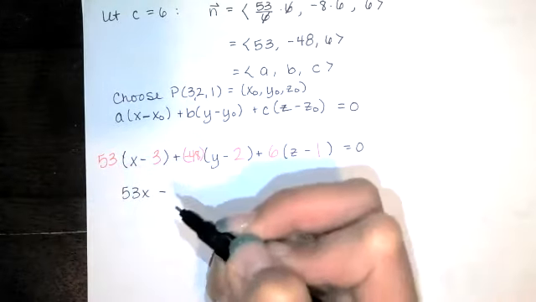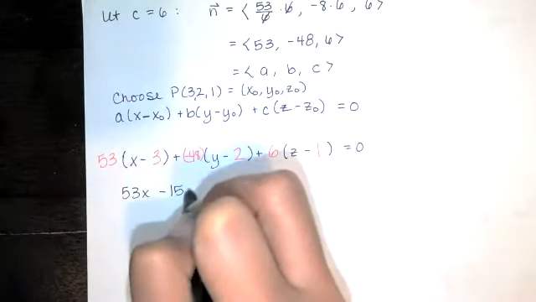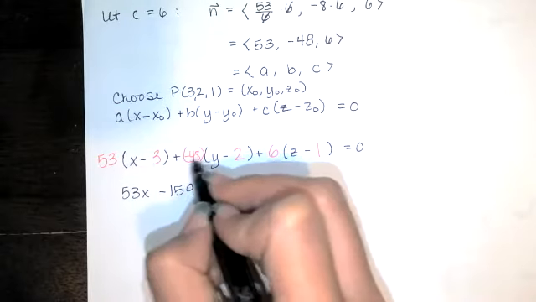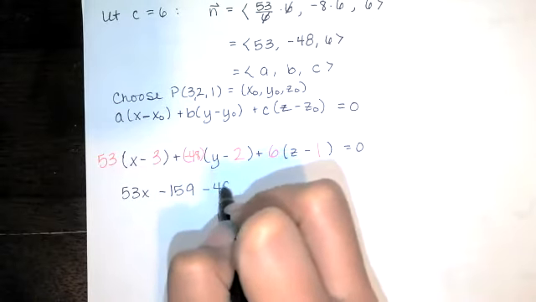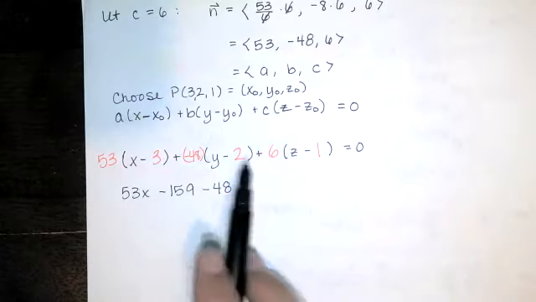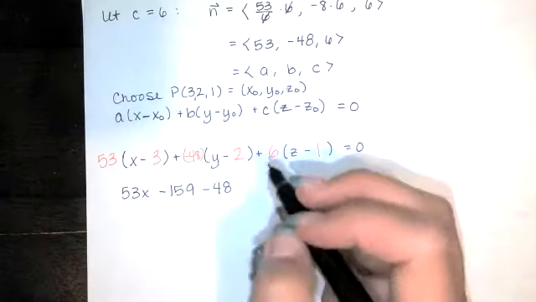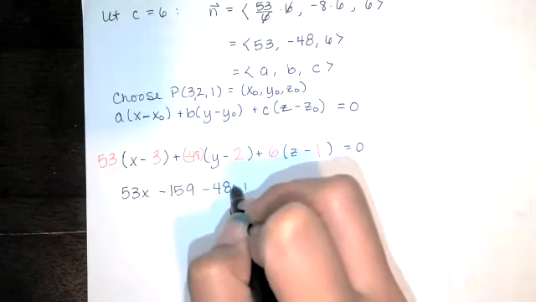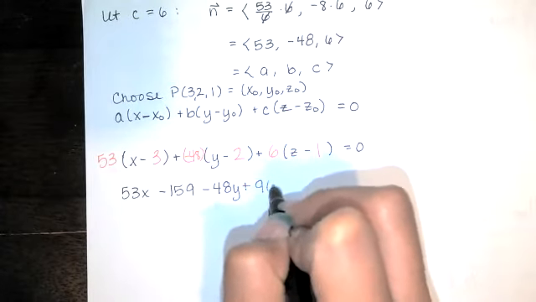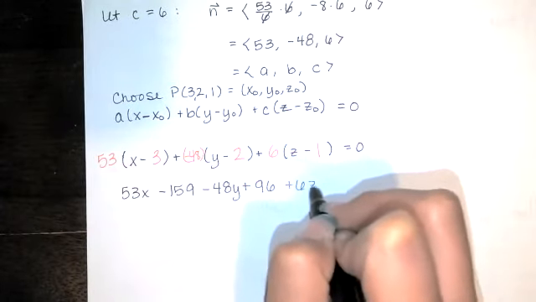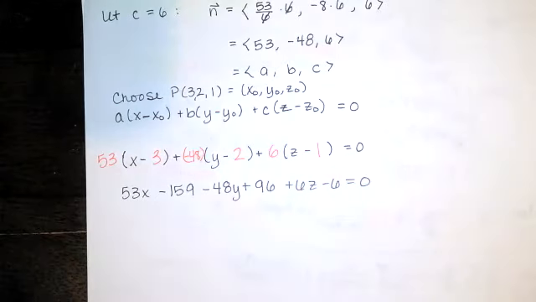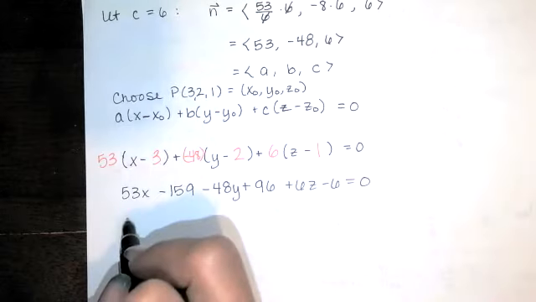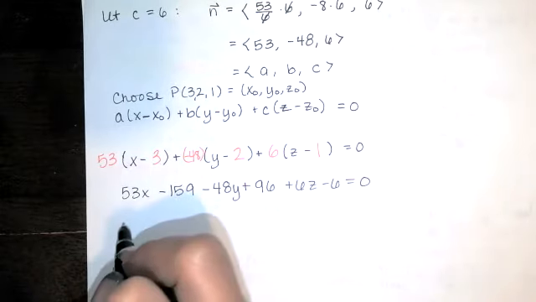53x minus 159. Negative 48 times y is negative 48y. And then we'll have negative 48 times 2. What's that, 96? Oops, I forgot my y for a second there. Distribute the 6. We get that. And then we would combine everything, combine those constants and move them to the other side.